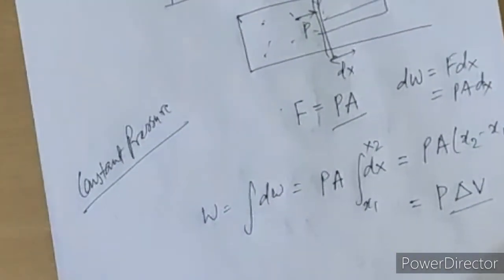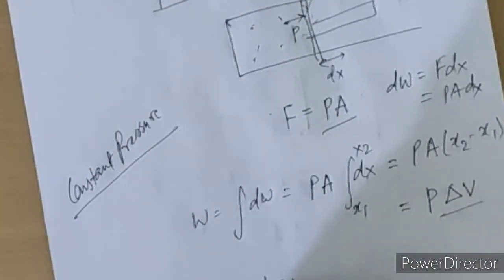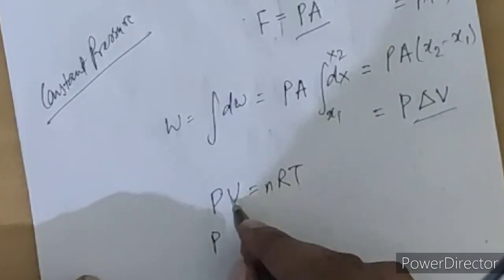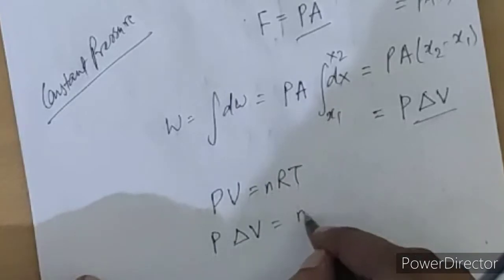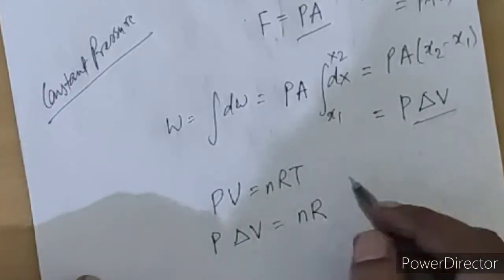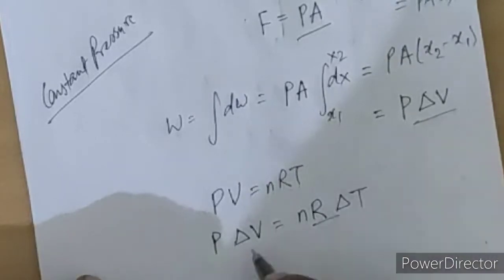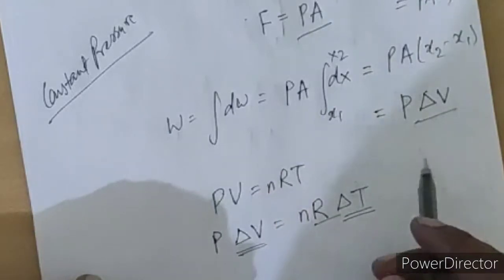Now if we use this equation, PV is equal to nRT. P is constant, so if we take the derivative of this, we get P delta V, n is constant, the number of moles is constant, R is constant, and then delta T. So change in volume is directly proportional to change in temperature.